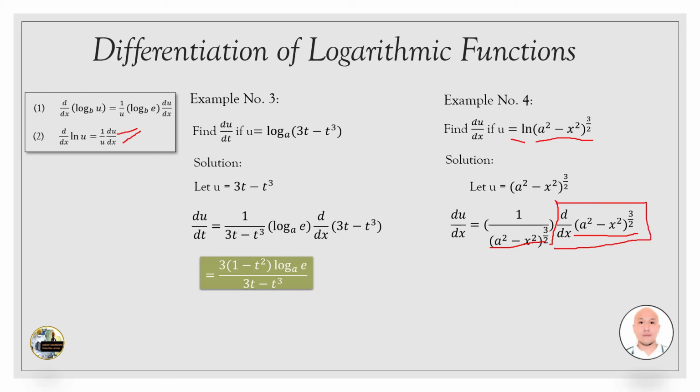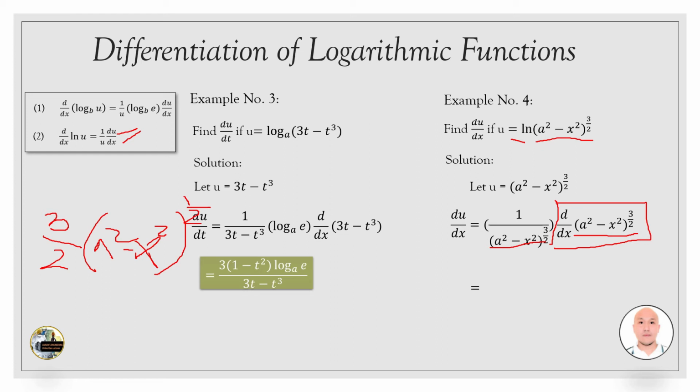So again, this is also a power rule. So 3 over 2 times (a squared minus x squared), then 3 over 2 minus 1, which equals 1/2 here.